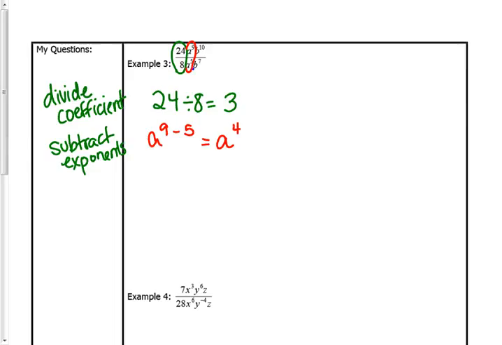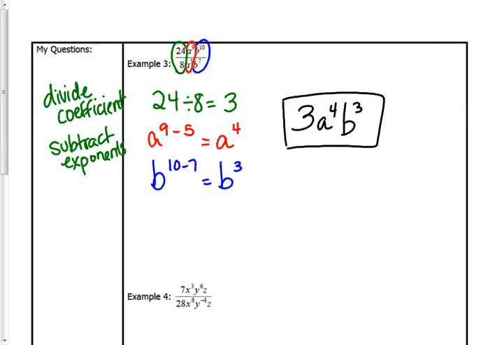And then I have b to the 10 minus 7. 10 minus 7 is 3. So this leaves my answer. I'm going to put it all together: 3a to the 4th b cubed. Now, I don't have to move anything here because I did not have a negative exponent in my final answer there. So no moving necessary. So this would just be my final answer here.